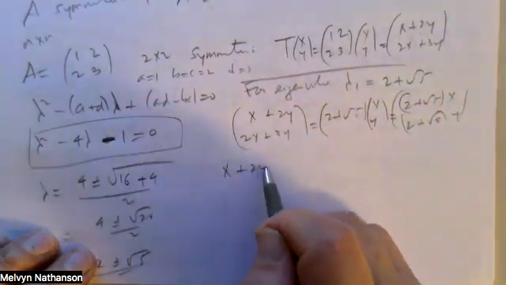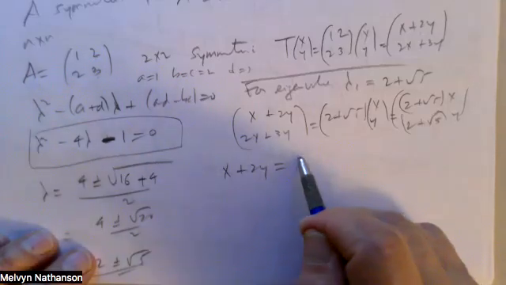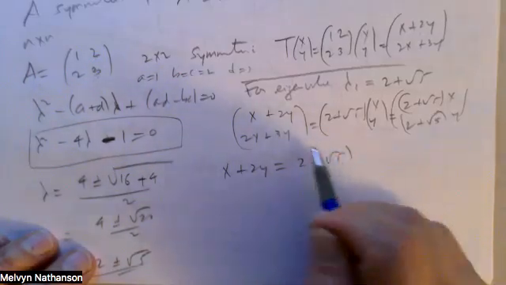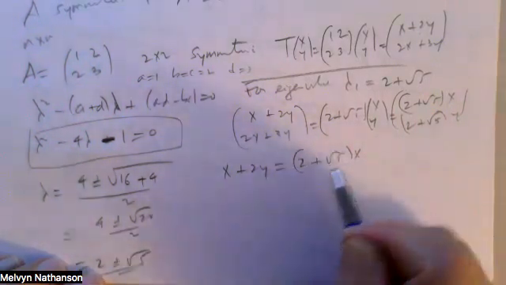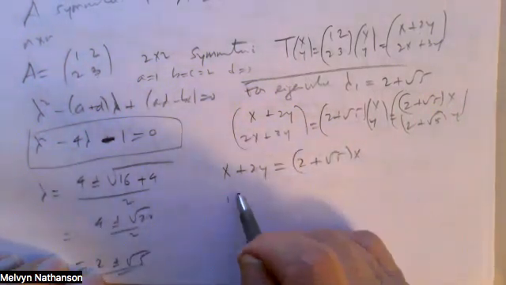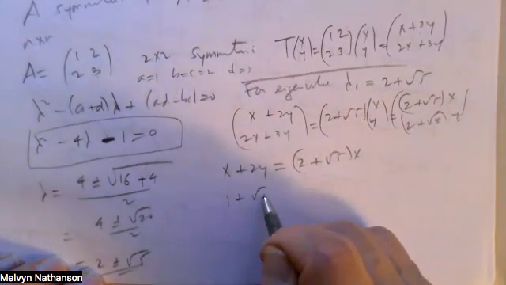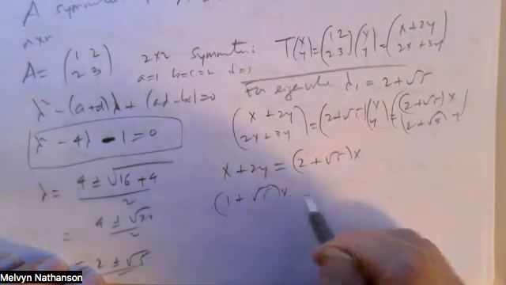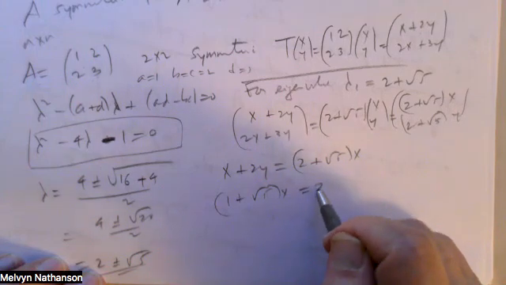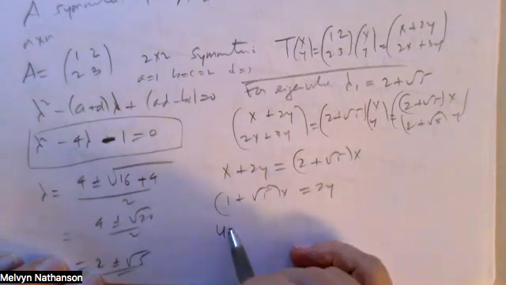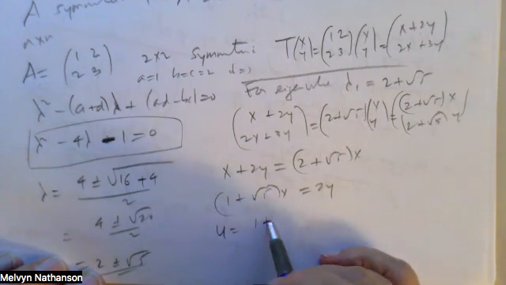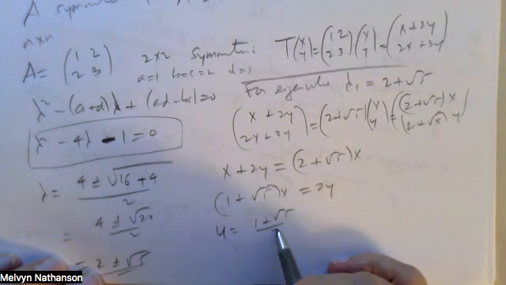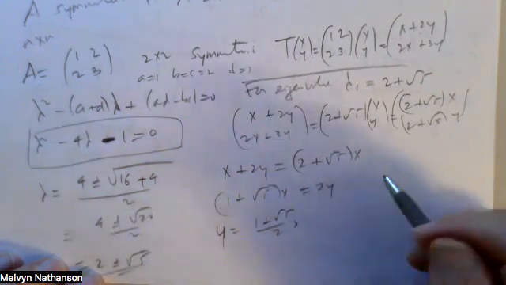So x plus 2y has to equal 2 plus root 5 x, or if I subtract x from both sides, 1 plus root 5 times x equals 2y. So y is 1 plus root 5 over 2 x.